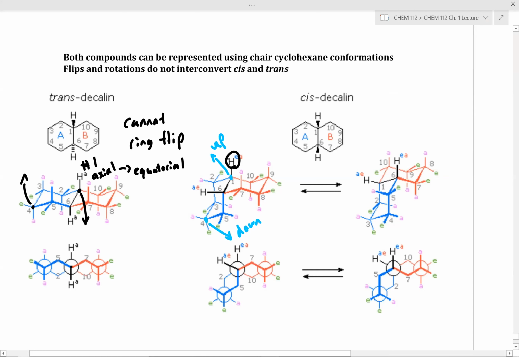So first things first, it starts off in the axial up. It's in the axial position with a stereochemistry pointing up. And at the end of our ring flip, it's in the equatorial position, also pointing up.